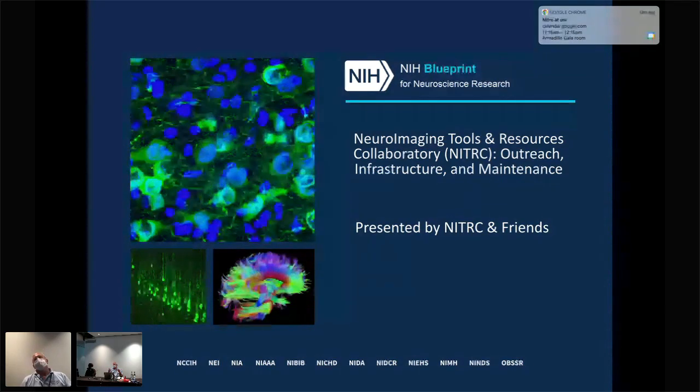So the idea was to be a clearinghouse. You can go there and search for software, and it was targeted at software so that you could find in one place a listing of all the different software that did different classes of analysis. And while that was a good thing to do, there was actually an ulterior motive that the NIH had for creating such a resource.